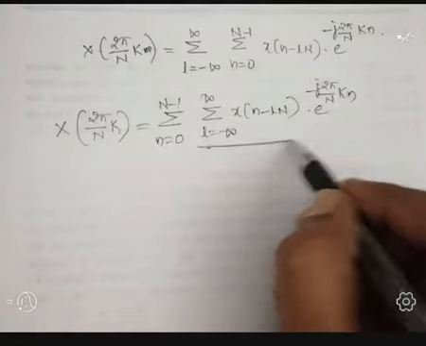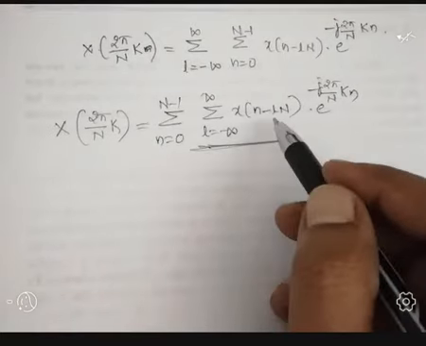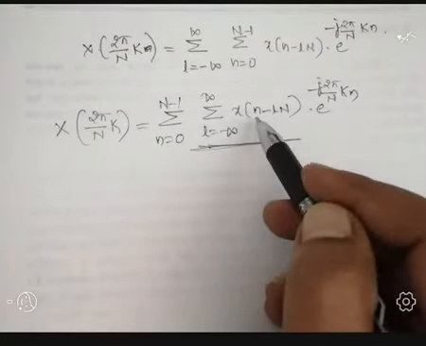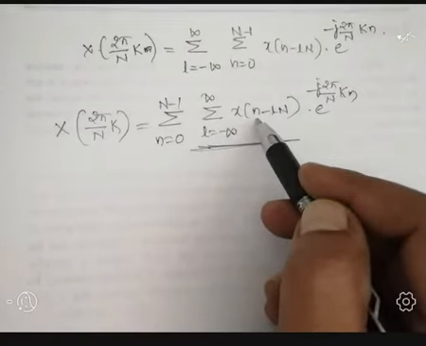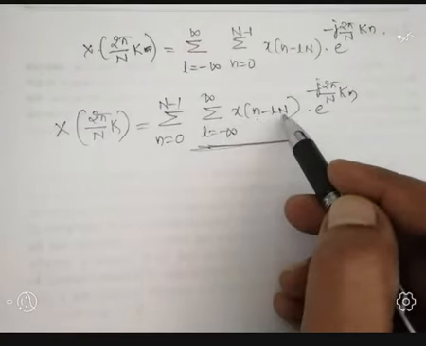So observe this term. This term indicates the periodicity property. Periodicity property means the discrete time signal x of n is going to repeat itself after every N samples.